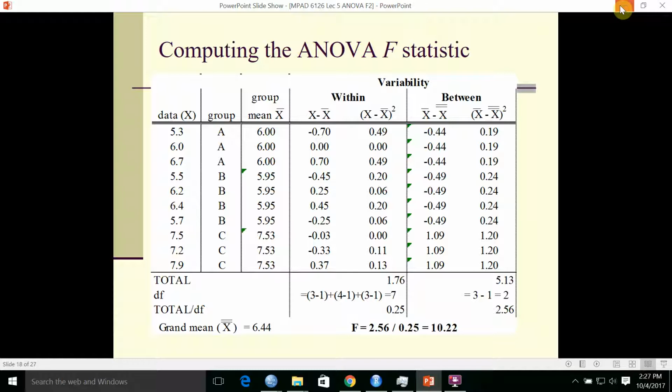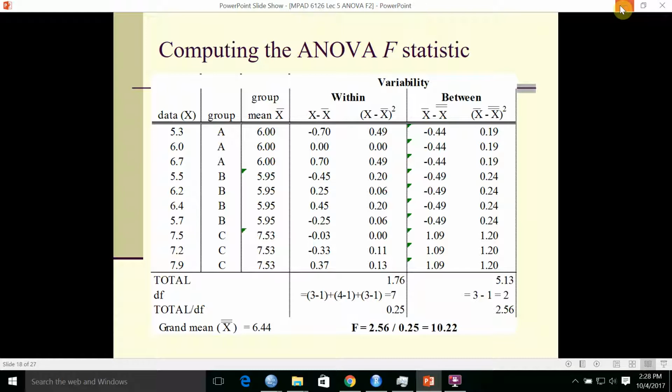Now, we couldn't just stop at subtracting the individual x minus the x bar, because then those differences would cancel each other out, right? Because that's what happens with an average. So we have to square it. The next column in the within, x minus x bar quantity squared, shows that negative 0.7 squared is 0.49, 0 squared is 0.00, 0.7 squared is 0.49, negative 0.45 squared is 0.2, and so on and so forth.